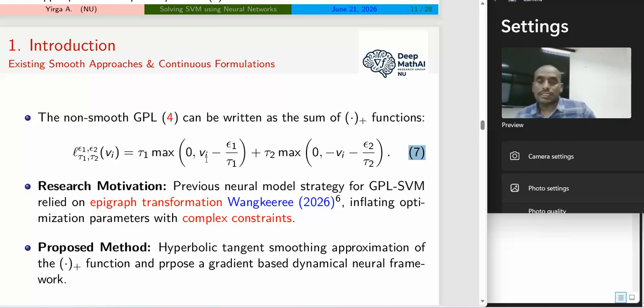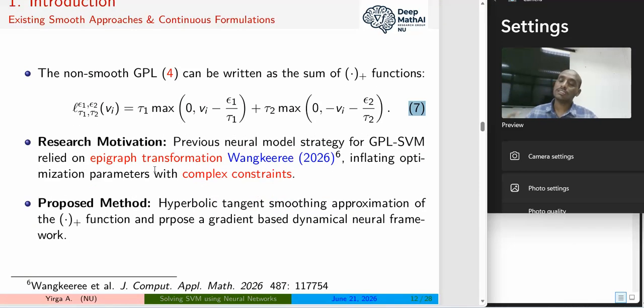So we find the smooth approximations of the maximum function. We have many smooth approximations of the maximum function. Actually, the first thing we did was introduced in our previous work. We introduced the epigraph reformulation, or we transformed the generalized pinball loss. We approximated it using the epigraph formulation.